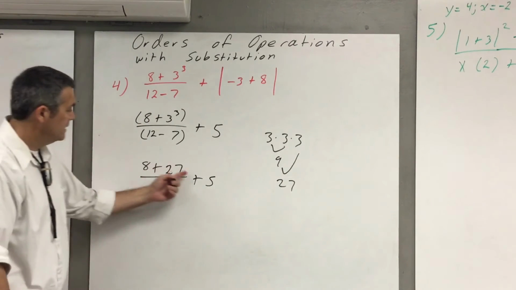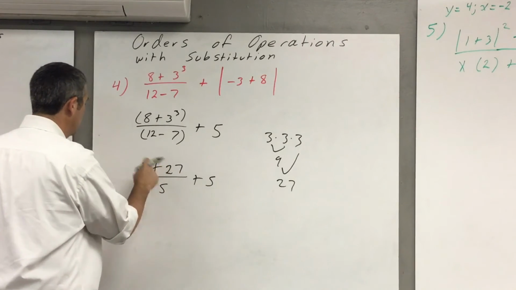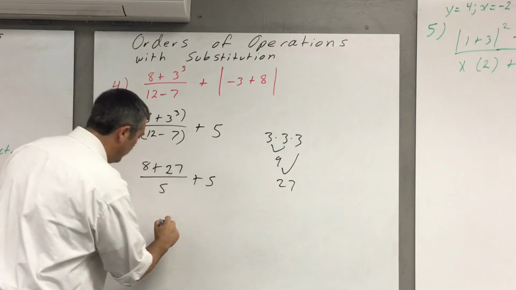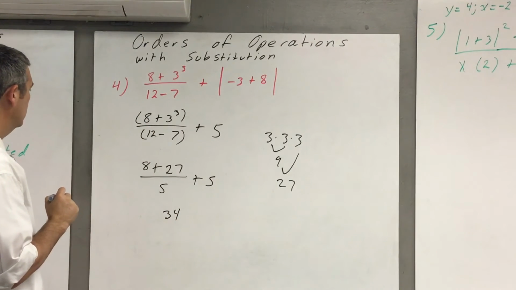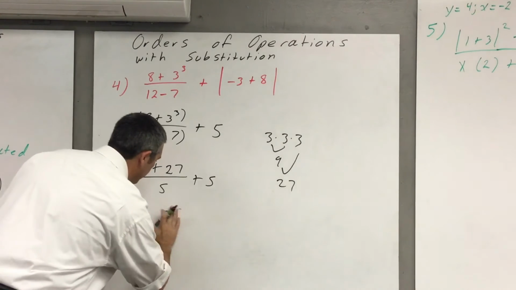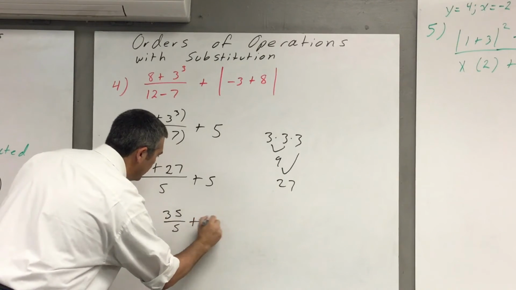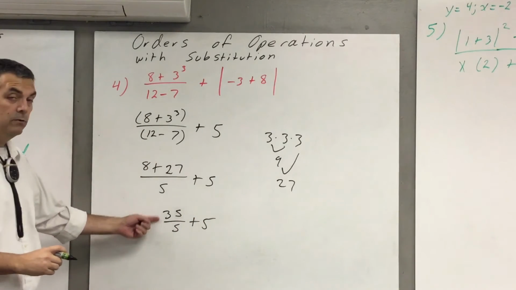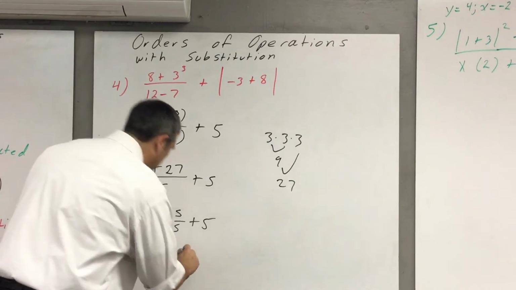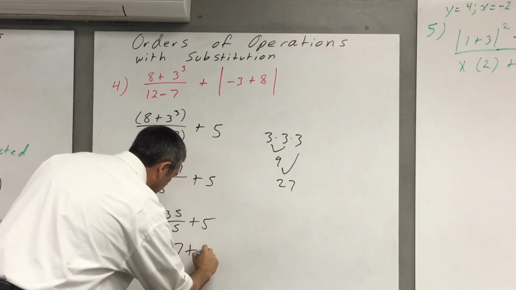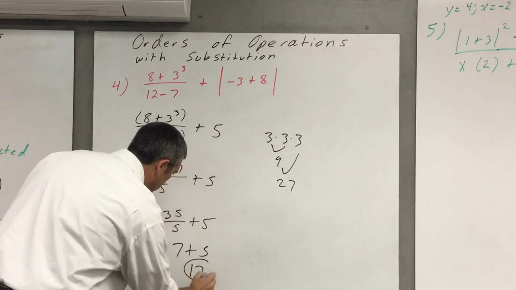Now I need to add the top part together. 8 plus 27, 27, 28, 29, 30, 31, 32, 35. I knew that one, right? 35 over 5 plus 5. All right? So now I'm going to do the division. 35 over 5 is 7. 7 plus 5 gets me 12.